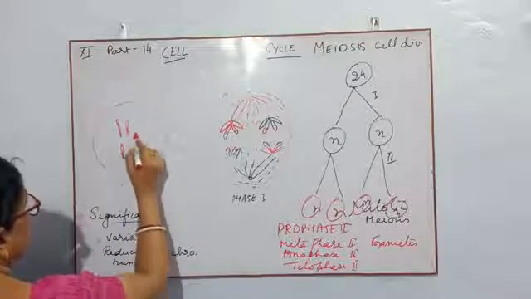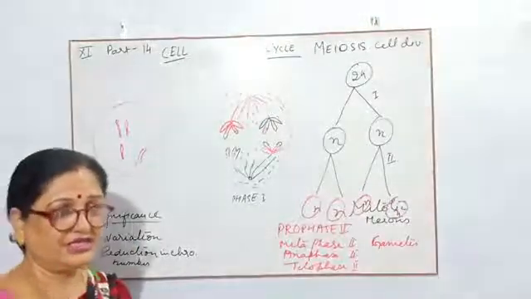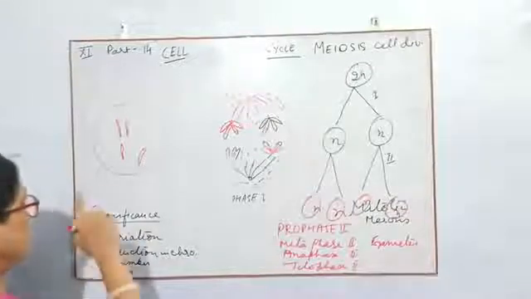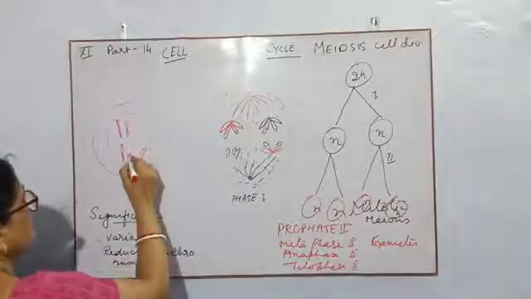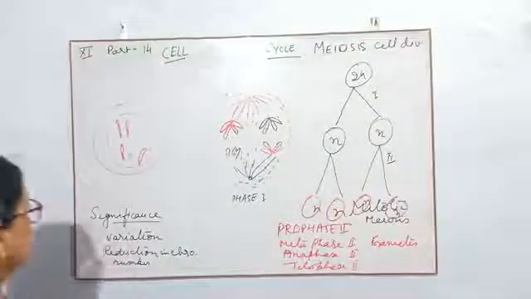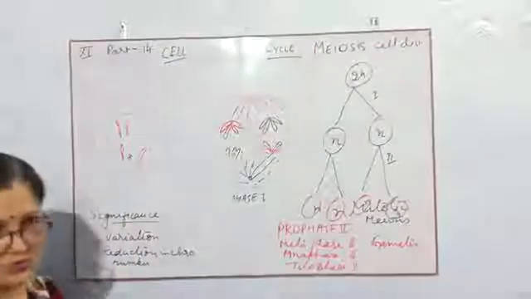That means they become short and thick. They change their chromatids from thin to thick. They become short and separated. The nuclear membrane slowly disappears, and the nucleus also slowly disappears, and all these things again take place in prophase 2.